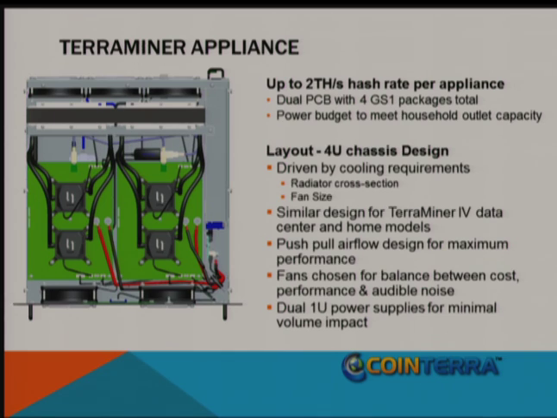That picture shows the cooling heads attached to our Goldstrike package, which circulates antifreeze as a coolant. We have a 4U chassis, chosen so that it can accommodate our radiator cross-section and a fan size that balances cost, performance, and noise.